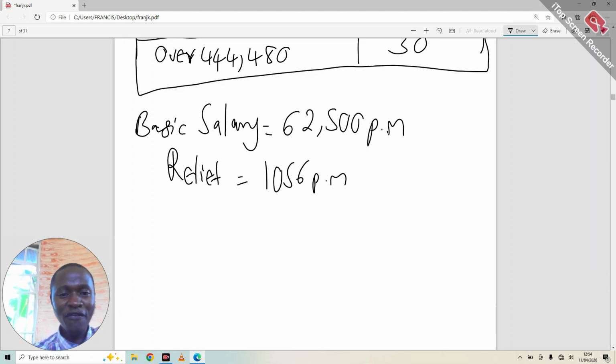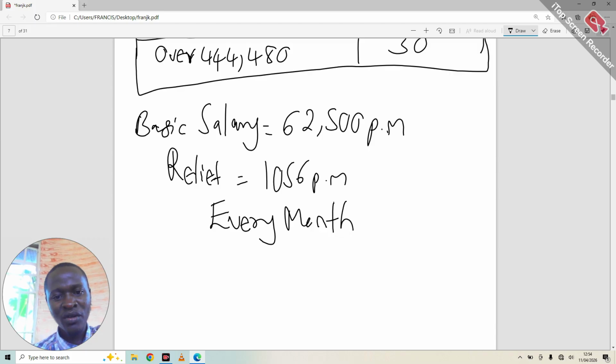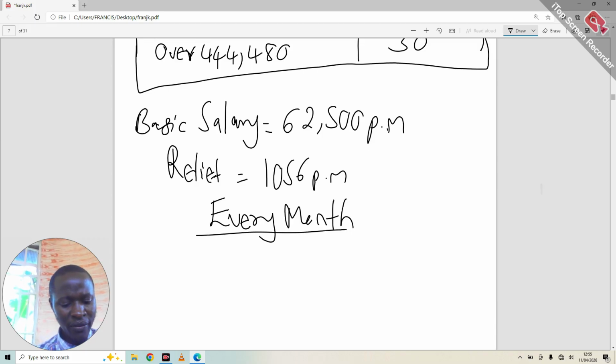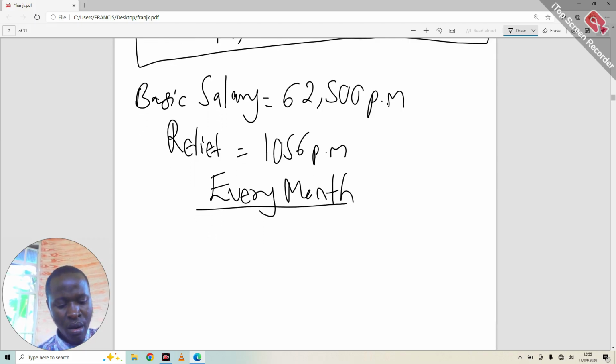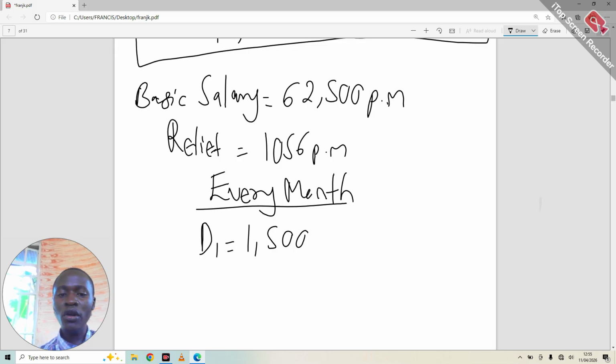Every month. What happens every month? 1,500 was deducted. So deduction one is 1,500 from his salary as cooperative shares, and 3,500 deducted toward a loan recovery.